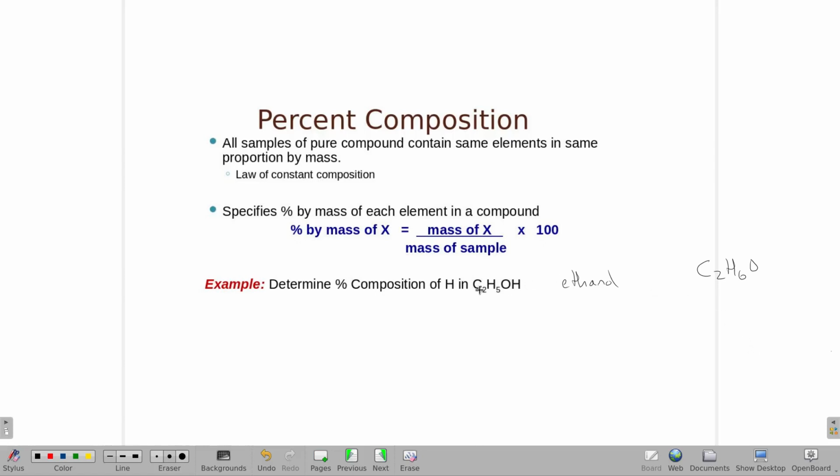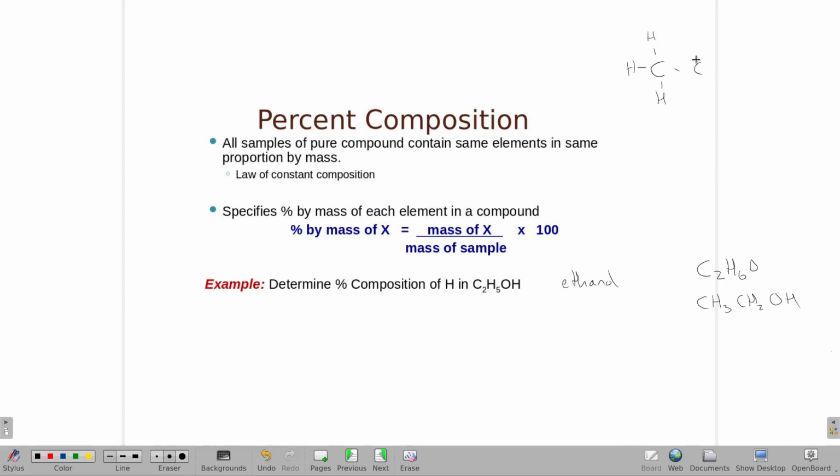And another way you can sometimes see ethanol drawn out is they're going to group the carbons with their individual hydrogens. So they're trying to say that this carbon has 3 hydrogens off of it, which is connected to this carbon with 2 hydrogens off of it, which is connected to that oxygen with a single hydrogen. Looks something like this if I were to draw it as a stick figure.